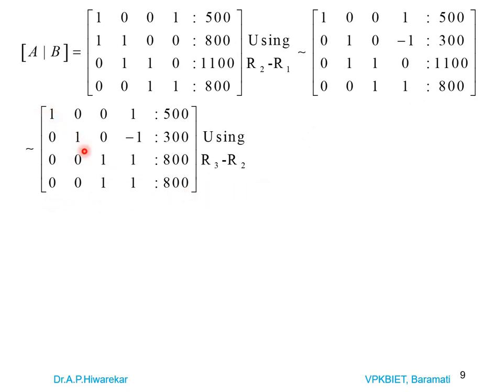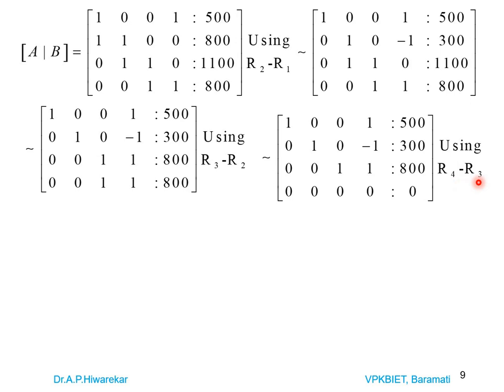Now we have to make this position 0, so we perform the operation R4 minus R3. Row 1, row 2 and row 3 are as in the previous step, and because R3 and R4 are identical and we are subtracting the R3 elements from R4, we get the last row as 0. So we got the echelon form because below the diagonal entries every element is 0. So we find the rank of A.